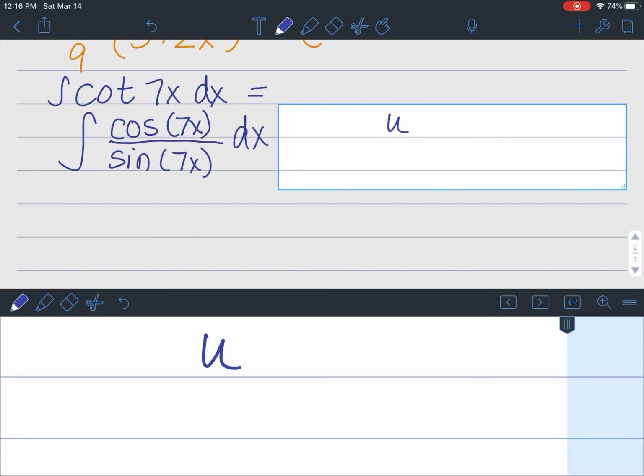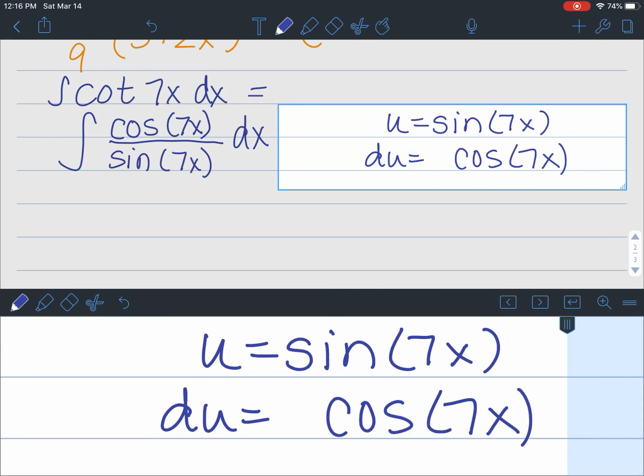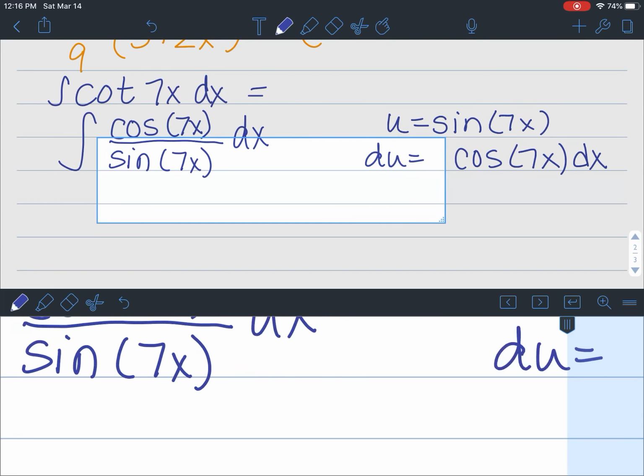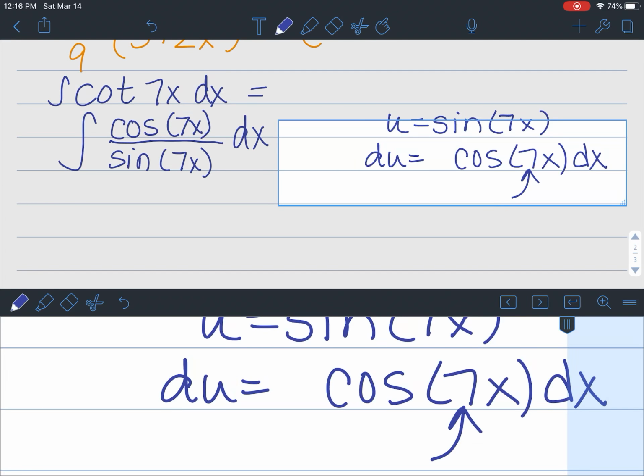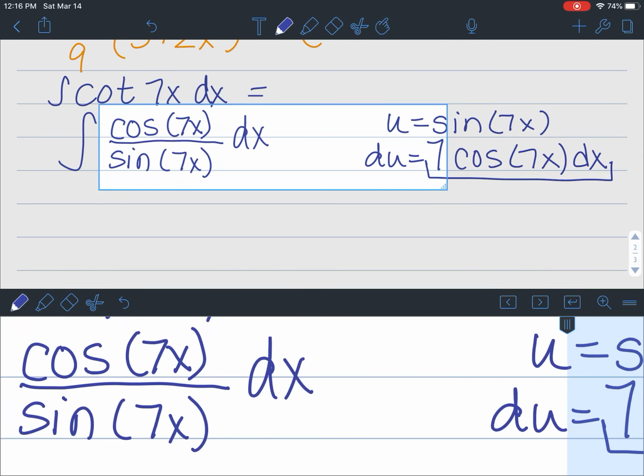u is not sine x. u is sine of 7x. Okay. So du is cosine 7x dx, but don't forget to multiply by the derivative of the angle because that's the chain rule. Now what you want to do is look in your integral and see if you can see this.